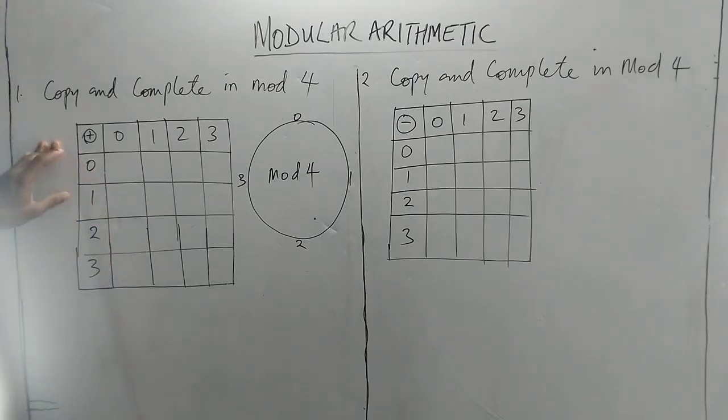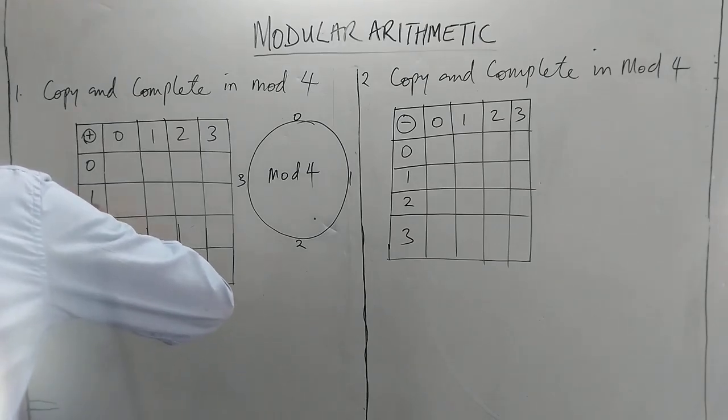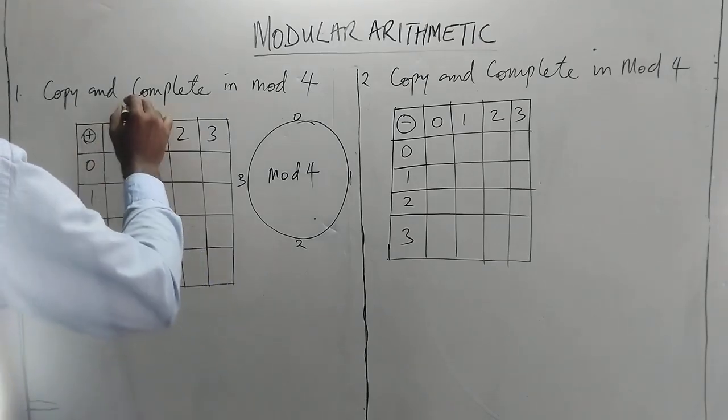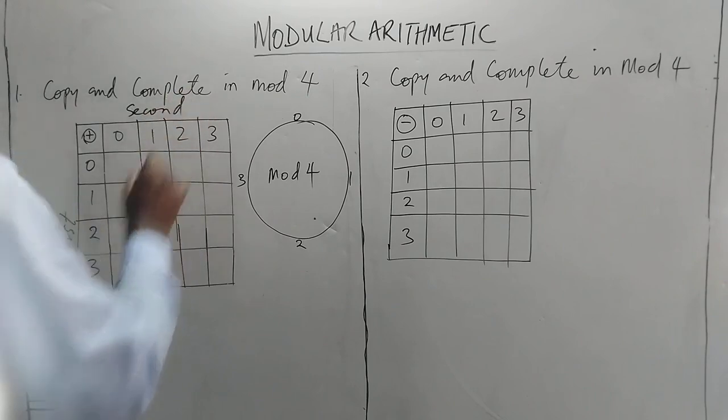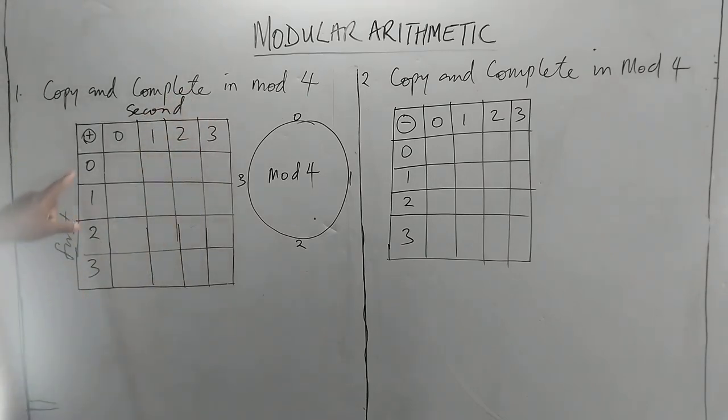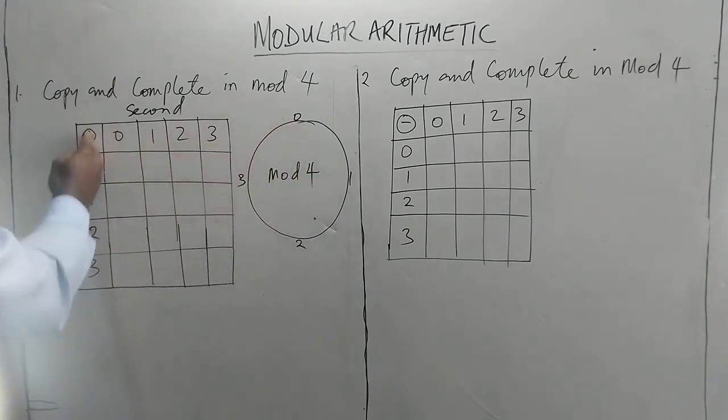Now, let's complete the table. The first one says 0 plus 0. First and second. So this first, then this one second. 0 plus 0 means this is your starting point.